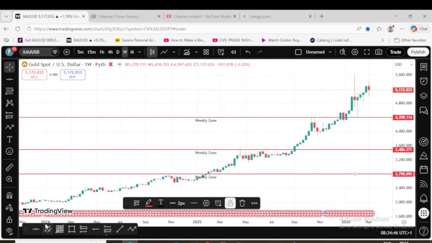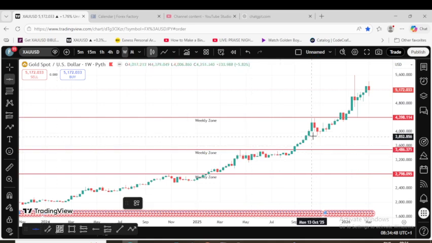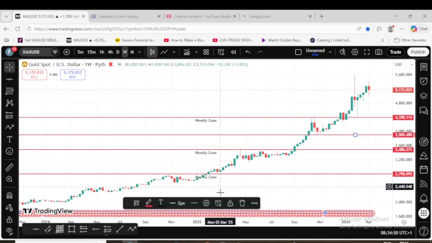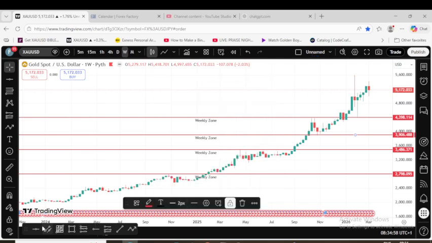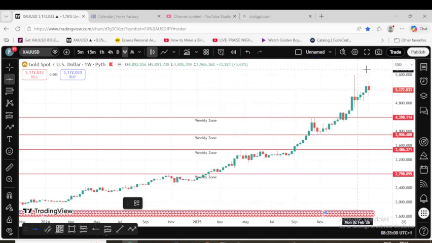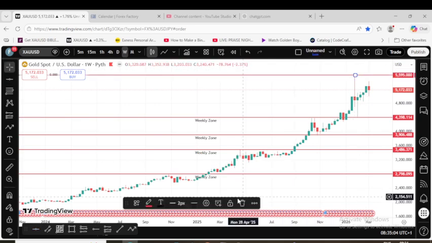There's also a zone here. We have this as our all-time high, which is the highest point that price has got to.